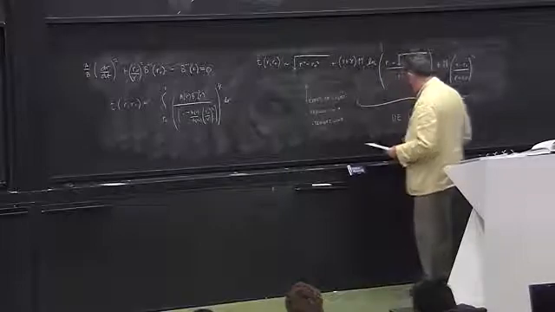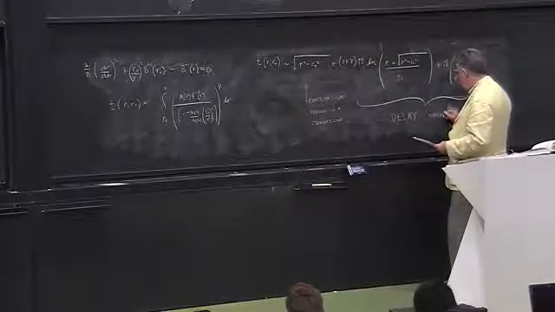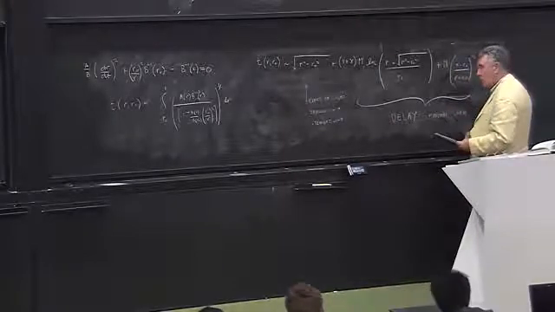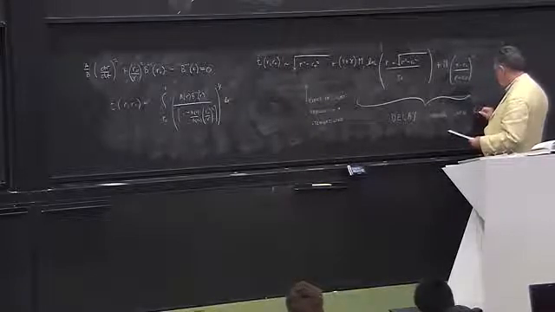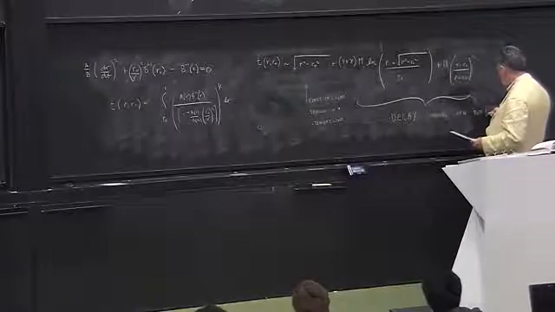And it's maximal when the ray just grazes the sun. So that's when R0 is the radius of the sun.